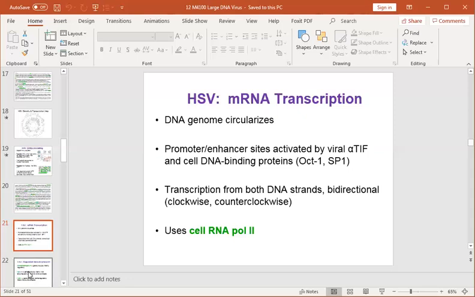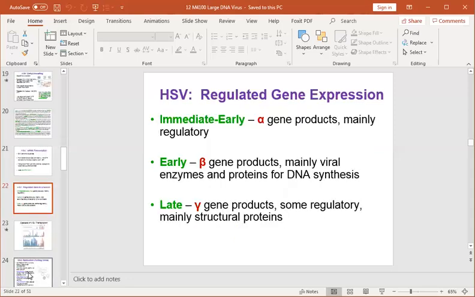Moving to slide number 22. So HSV has a very regulated pattern of gene expression, meaning that at different time points, different genes are being expressed. These can be divided into three phases: immediate early, early, and late.